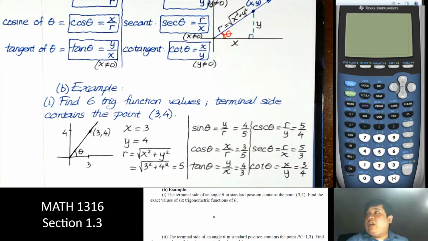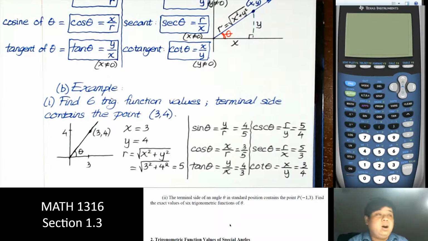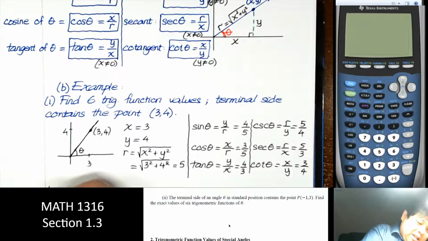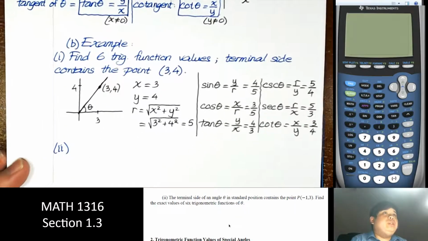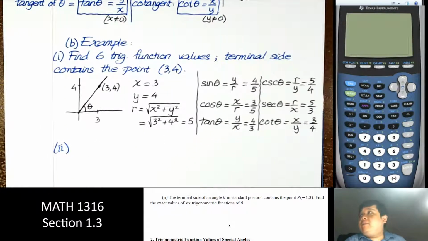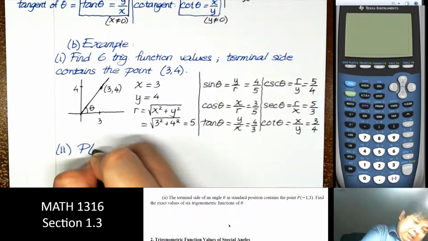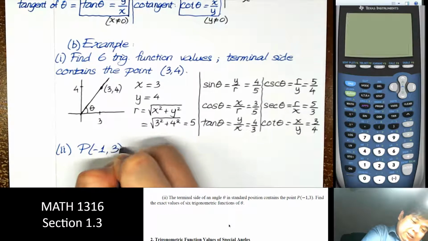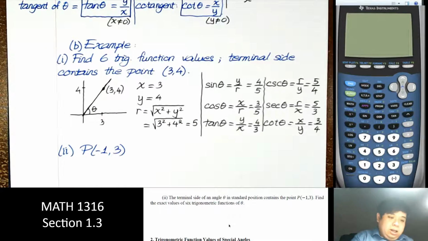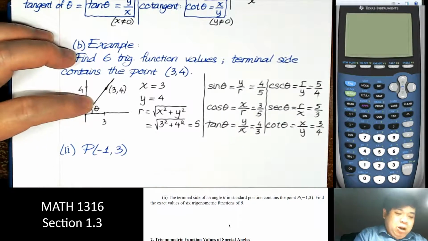So the point here is if we determine x, y, and r, it should be simple. We don't even have to draw the pictures. Right, next. Next we're going to do the same thing, but the point is (-1, 3). So again, don't even need the picture.